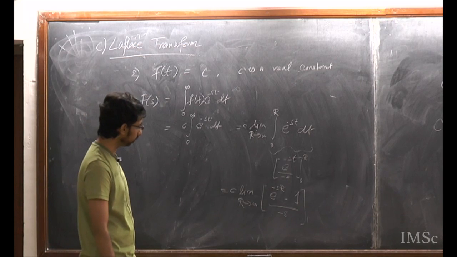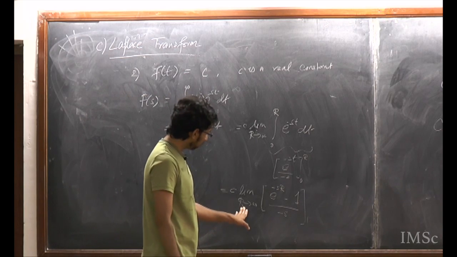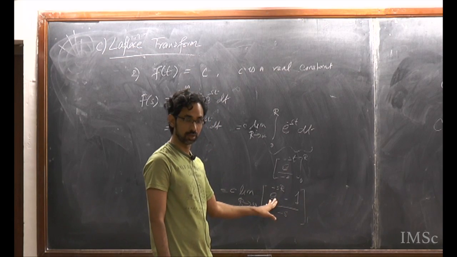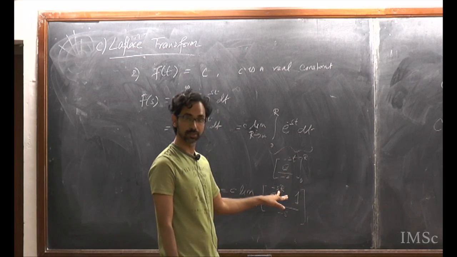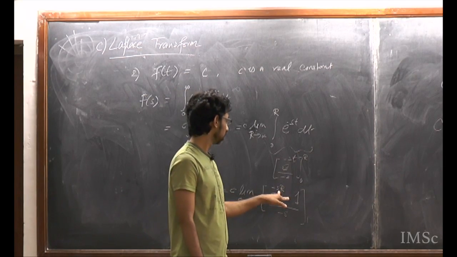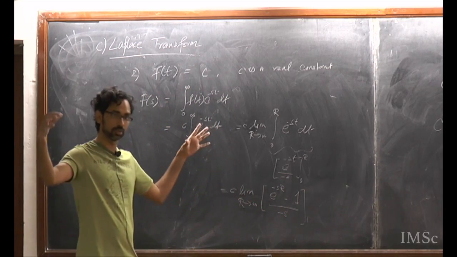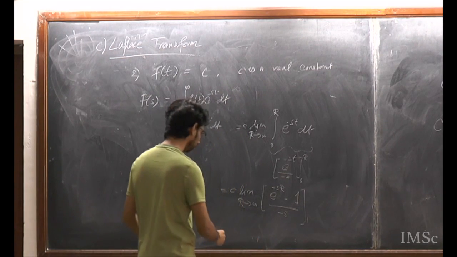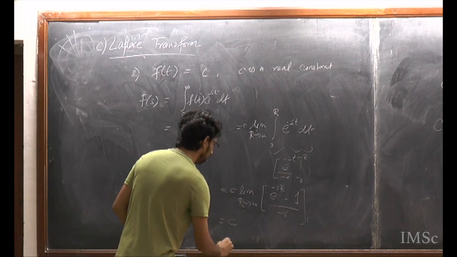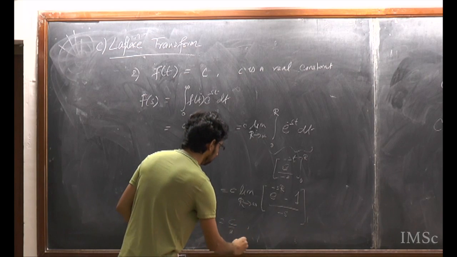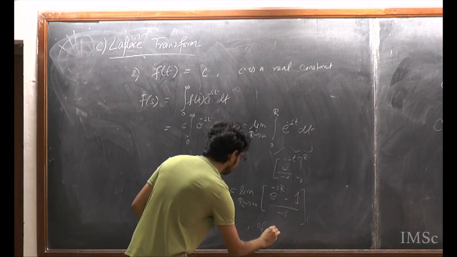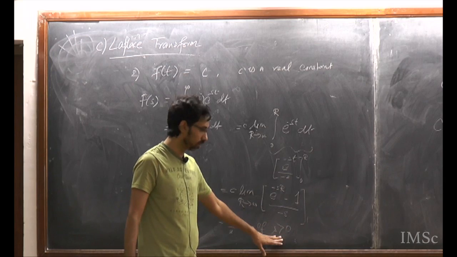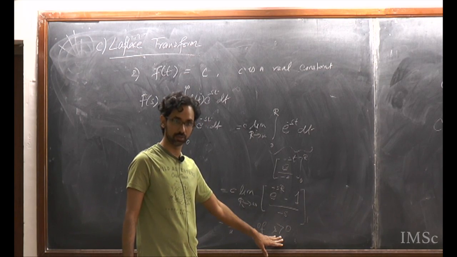Now the limit as r goes to infinity, you say that is 0, but you have to put the constraint that s must be positive, right? If s is not positive, then it will blow up and the limit will not exist. So this is c over s if s is positive. So the limit exists only in this region.